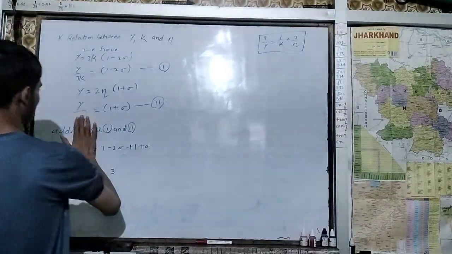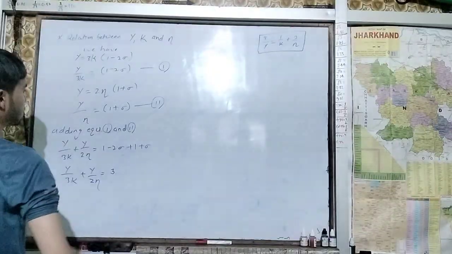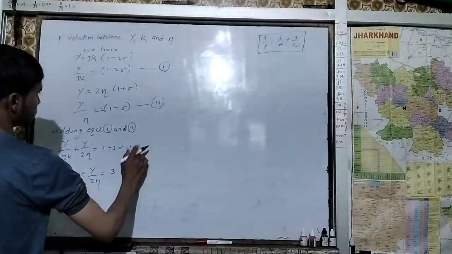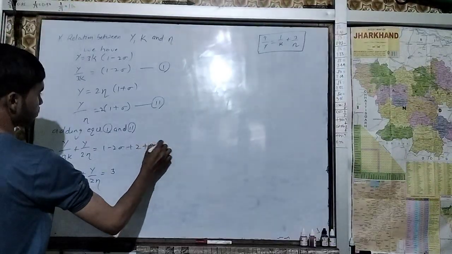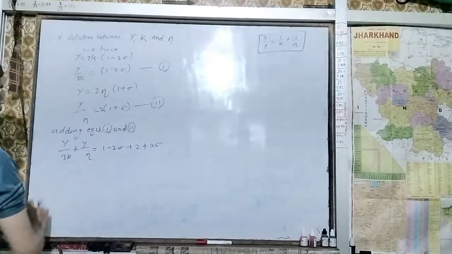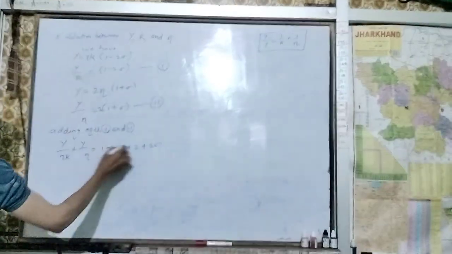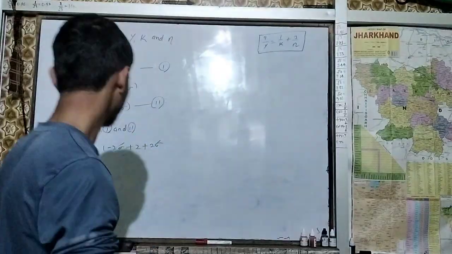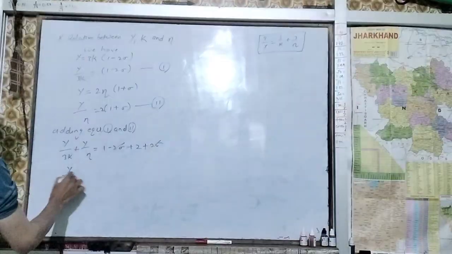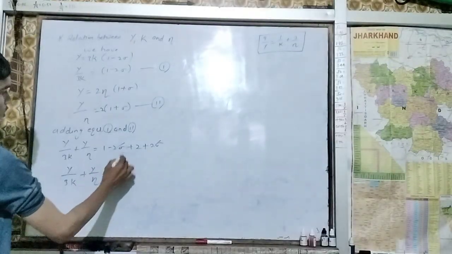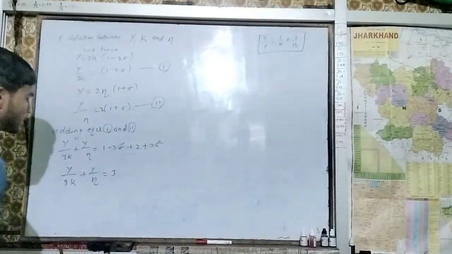Hold on, here this 2 will be over here, and then this 2 ones are 2 plus 2 quotient ratio, and this will be 2 only. Now look, 1 plus 2 and this 2 quotient ratio will cut to each other. So finally we have y upon 3k plus y upon 8η is equal to 2 plus 1 will become 3.